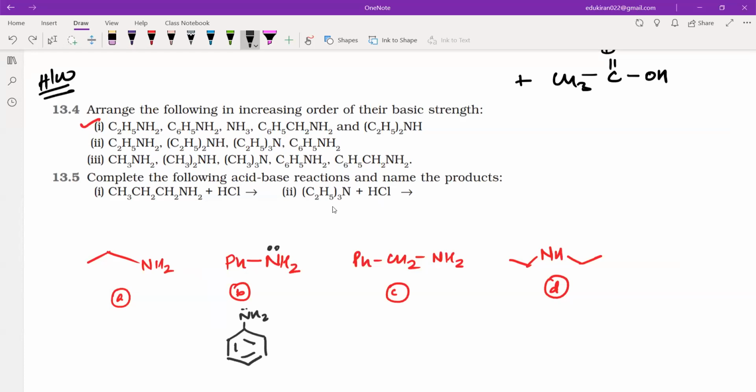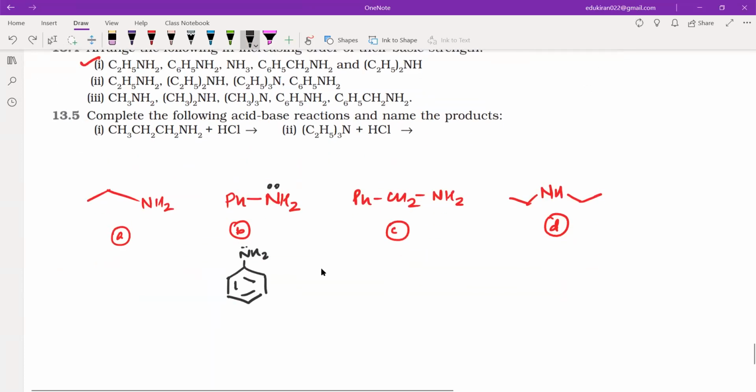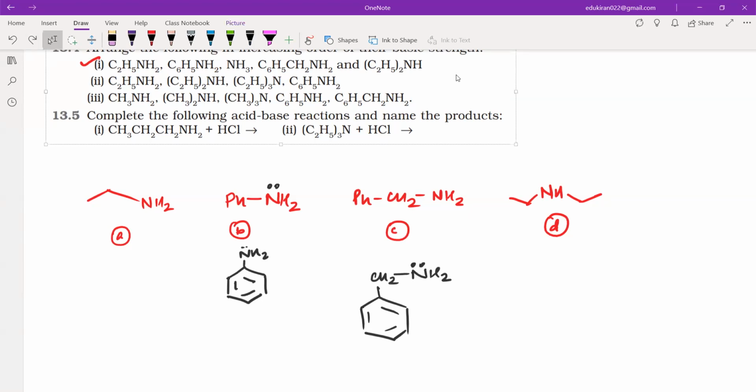But if I look at this NH2 and the lone pair, you can see that they are not delocalized. They're not in conjugation with the 5 bonds of the benzene ring. We have CH2 and we have NH2. So this NH2 has a completely localized lone pair. It can easily give these 2 electrons to any proton. That is why it is going to be basic. So B will be the least for sure.